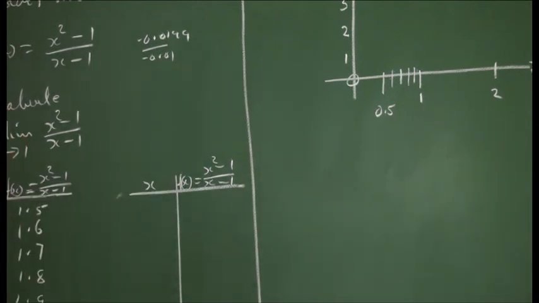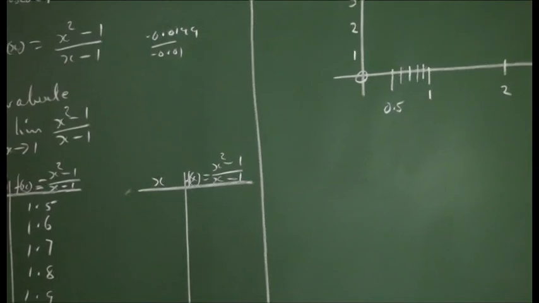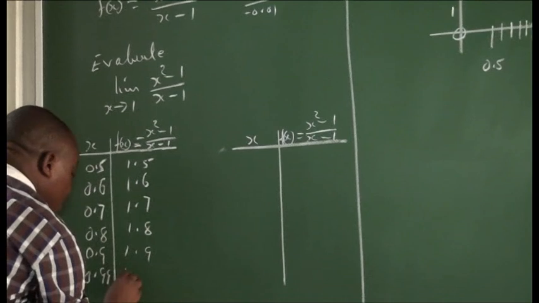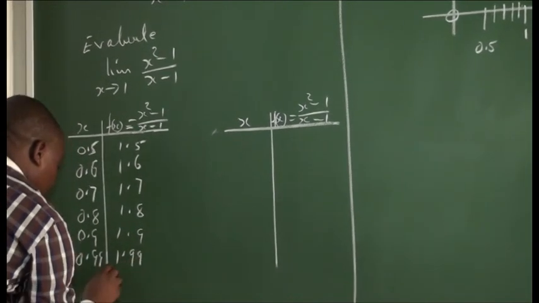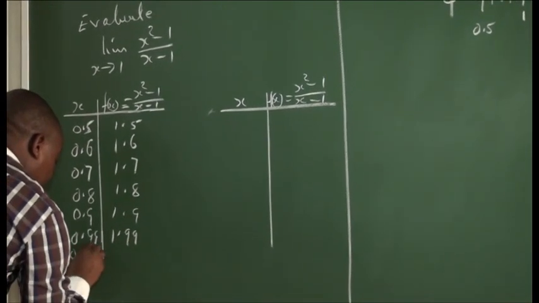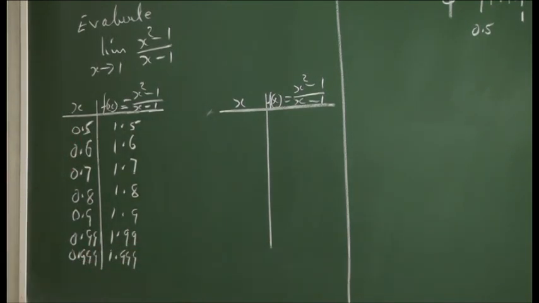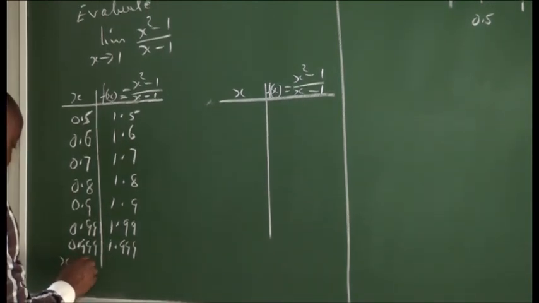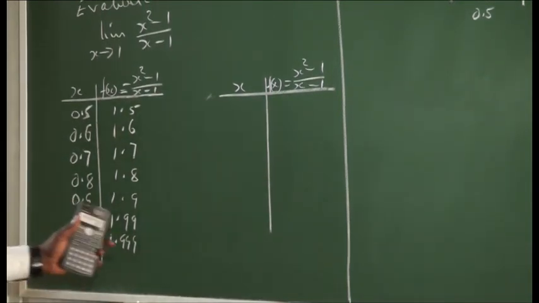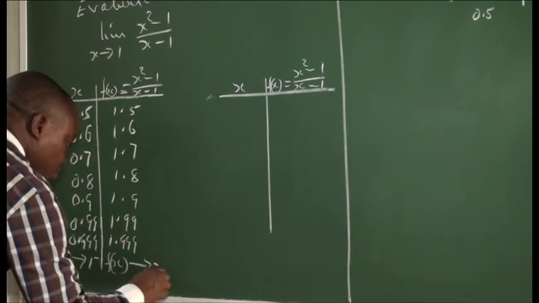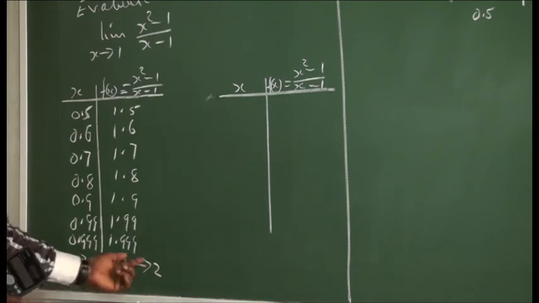So 0.0199 divided by 0.01 gives us 1.99. Meaning that 0.999 will give us 1.999, very close to 2. We have taken it very, very close to 2. So here, x approaches 1 from the left side, and we see that f of x approaches 2. When x approaches 1, f of x approaches 2.